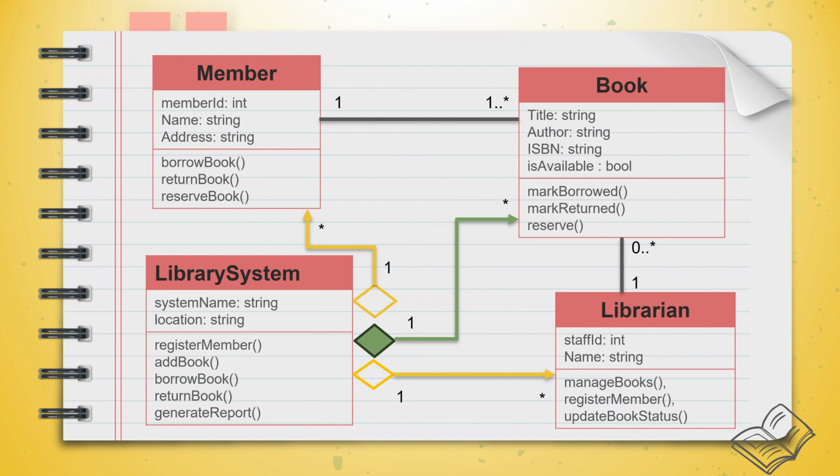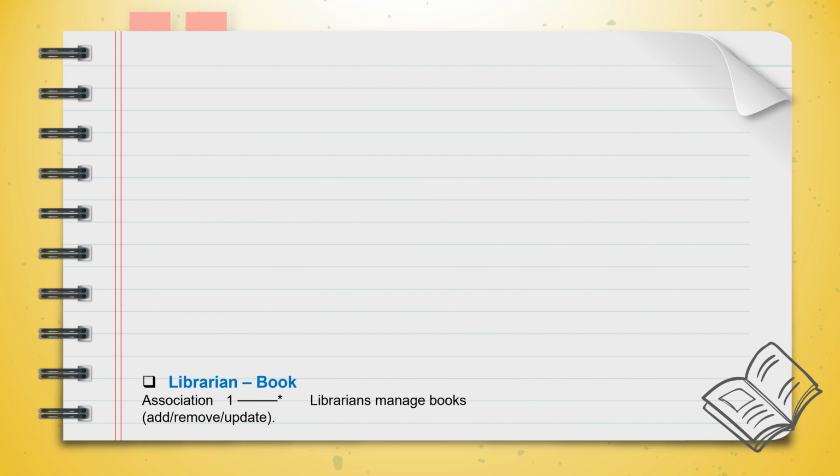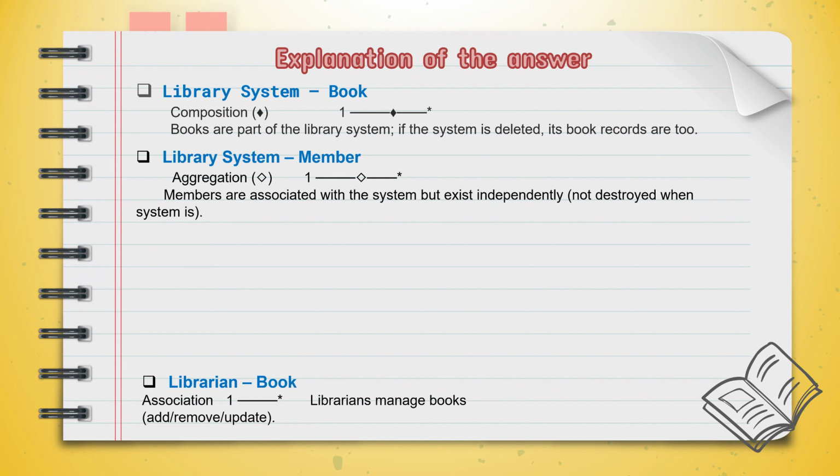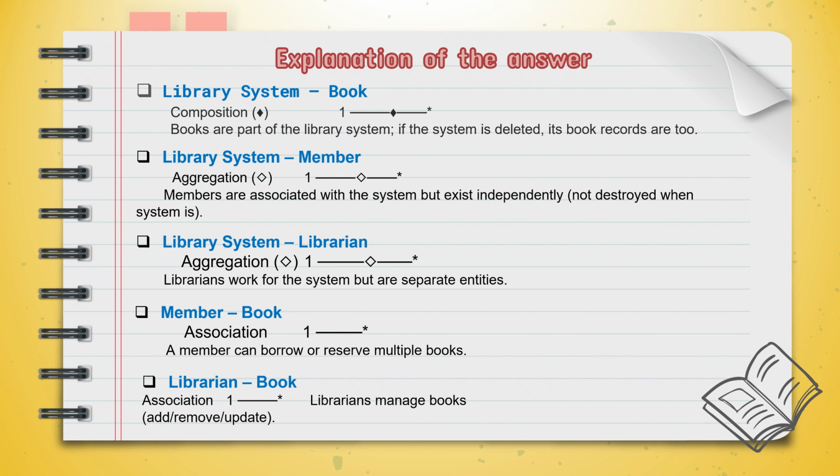So this is the basic scenario about the library management system. This is the basic class diagram about the library management system. I think you already know about the classes, relationships and how to do this class diagram. If you have any questions, you can use the explanation about this class diagram.